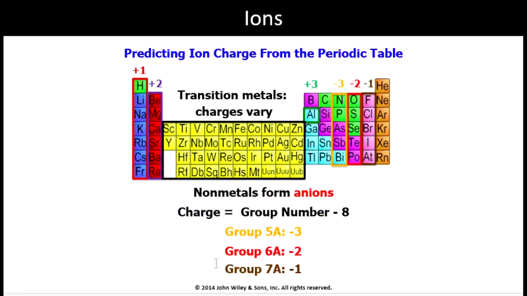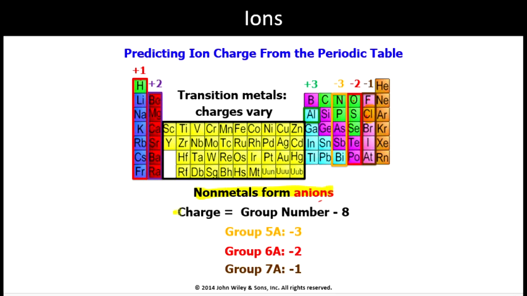Look at this slide, please. For example, chlorine. Chlorine is placed in group number 7. Do you remember that? 1, 2, 3, 4, 5, 6, 7. So 7 minus 8 gives us 1 negative. So always group number minus 8 for non-metals, or in general anions.